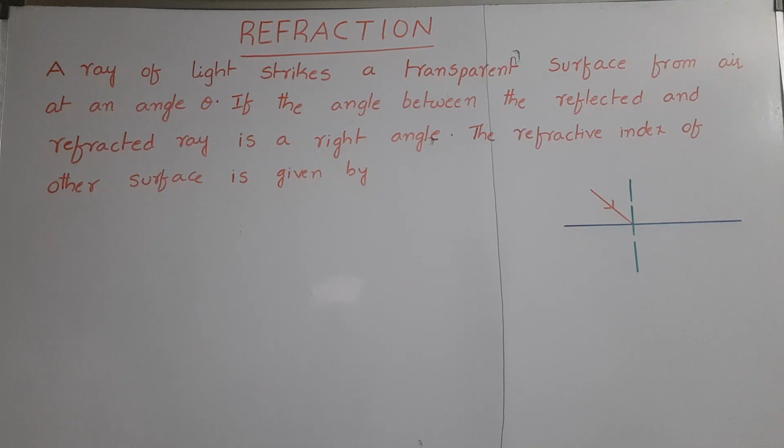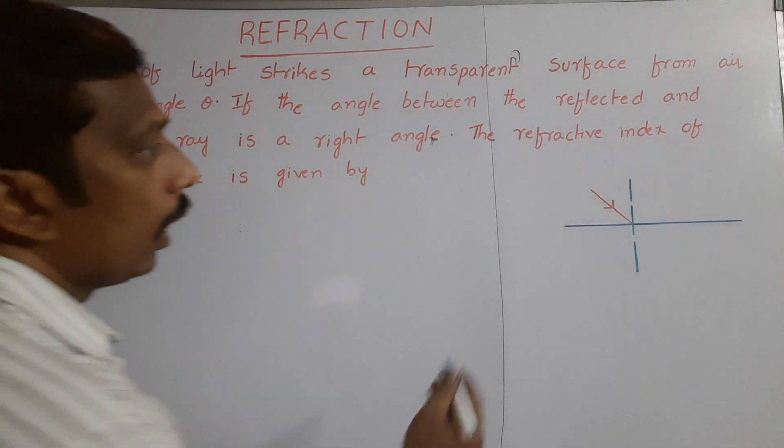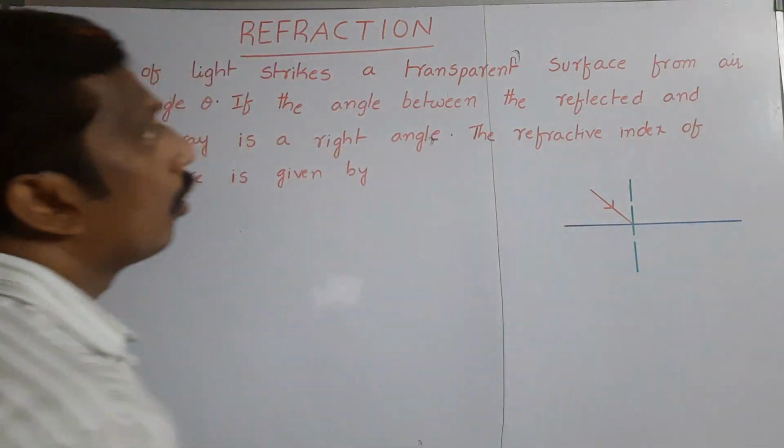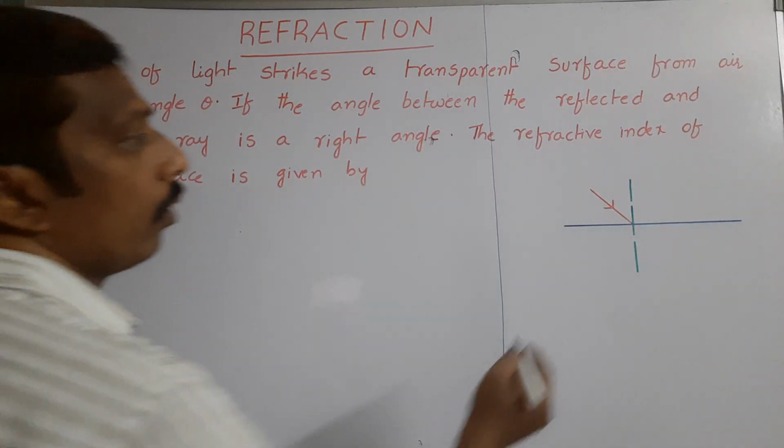Now we discuss one problem. A ray of light strikes a transparent surface from air at an angle theta. If the angle between the reflected and refracted ray is a right angle, the refractive index of the other surface is given by? So here the light ray is incident on a transparent surface from air.